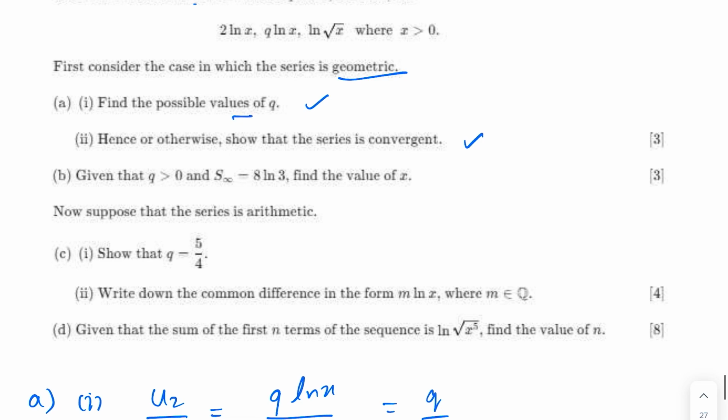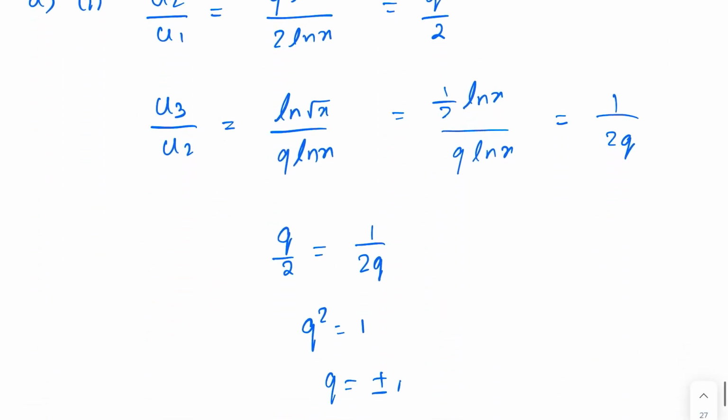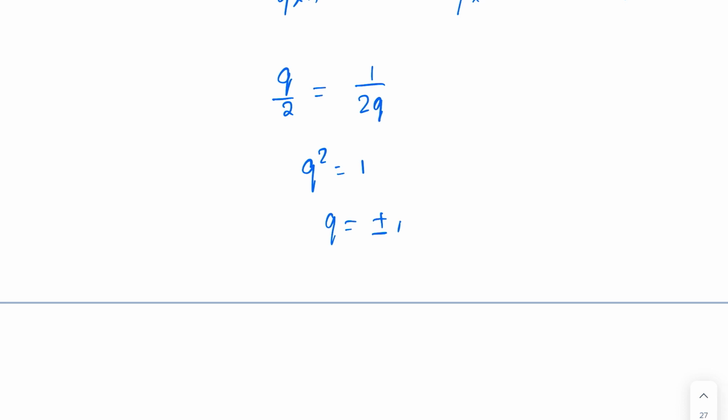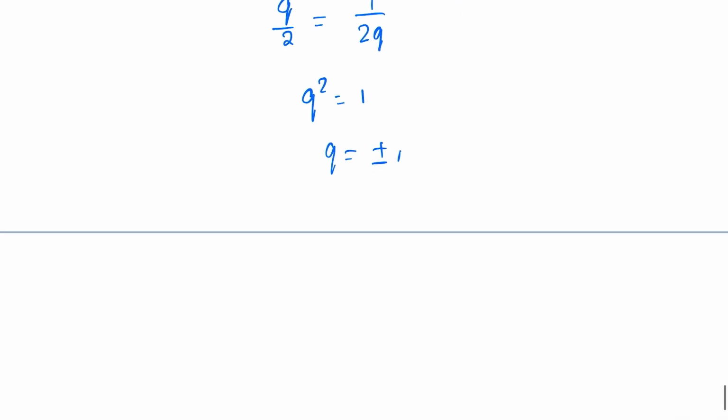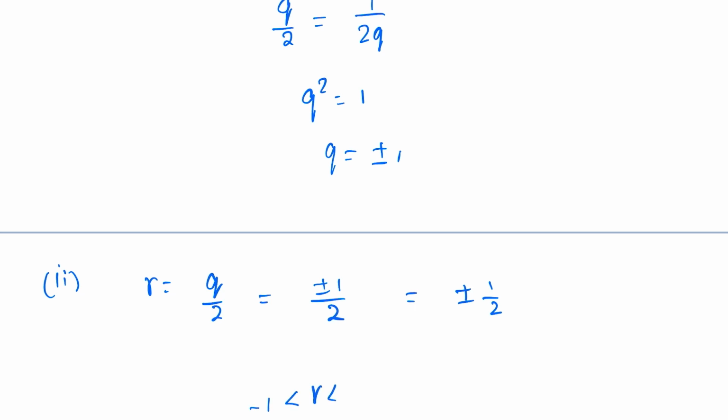Now he's asking, hence or otherwise show that the series is convergent. So we have to prove that the series is convergent. Now we know that common ratio is q upon 2, which is nothing but plus or minus 1 upon 2. For being convergent, the common ratio should lie between negative 1 and positive 1.